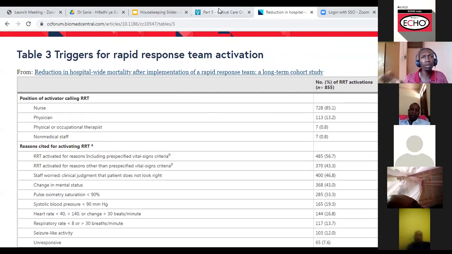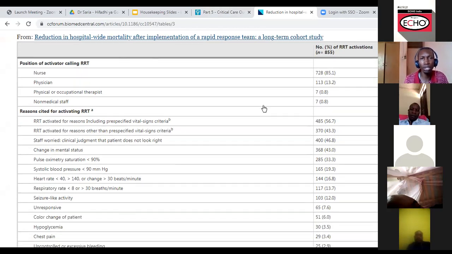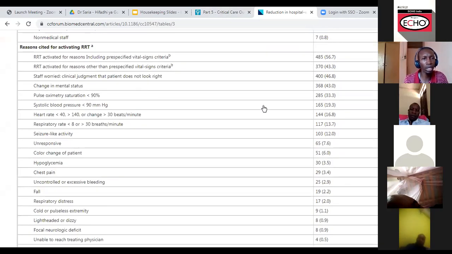So the triggers we have seen is vital signs. A lot of different vital signs can be triggers. Anything which is abnormally away from normal is alarming, it can be a trigger. And sometimes, even if the vitals are quite good, we can accept even the feeling from the healthcare giver or the guardian or the parent or someone who is taking care of that patient.